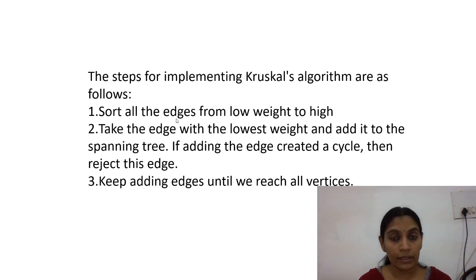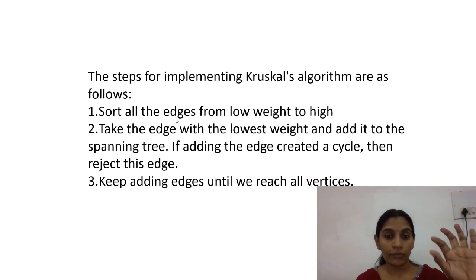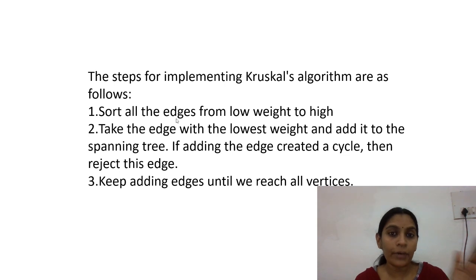So what will be the first step? We have to sort all edges from low to high. The second step is to take the edge with the lowest weight and add it to the spanning tree. If adding the edge creates a cycle, then reject the edge. So just three steps. First, sort all the edges. Second, take the first edge, that is the edge with the minimum cost, and check by adding it whether any cycle is getting formed in the solution.